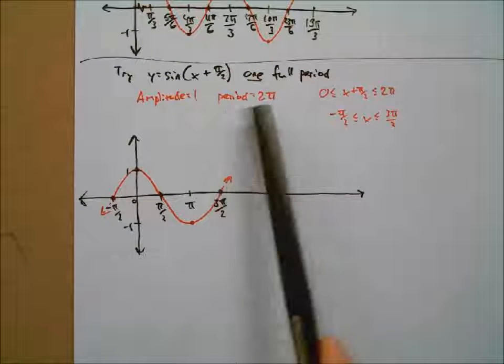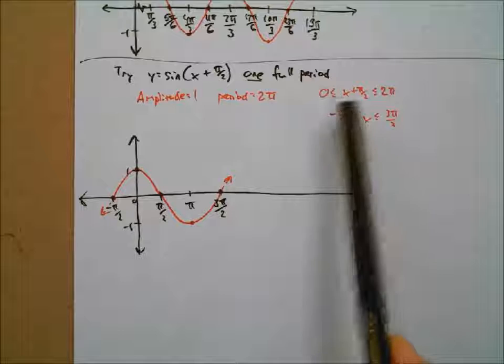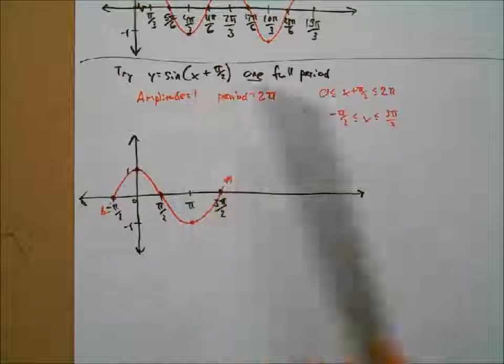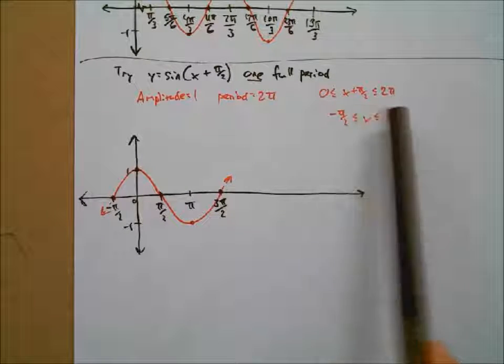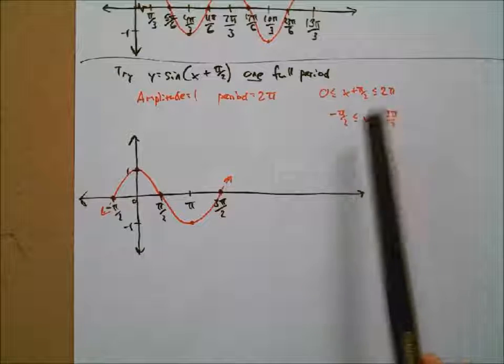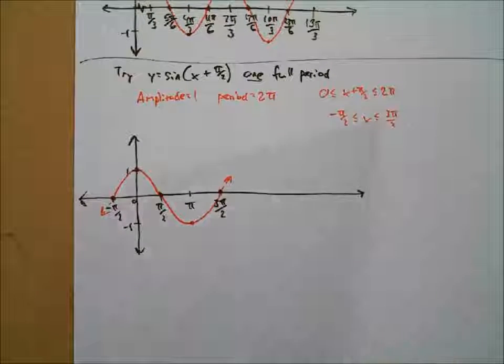Period is still 2 pi in length. How do we know? Well, if you take your x plus pi over 2, put it between the 0 and the 2 pi, and subtract pi over 2 from both sides, you get negative pi over 2 to 3 pi over 2. That length is still 2 pi, you just shifted it. So we start at negative pi over 2 and go out to 3 pi over 2.